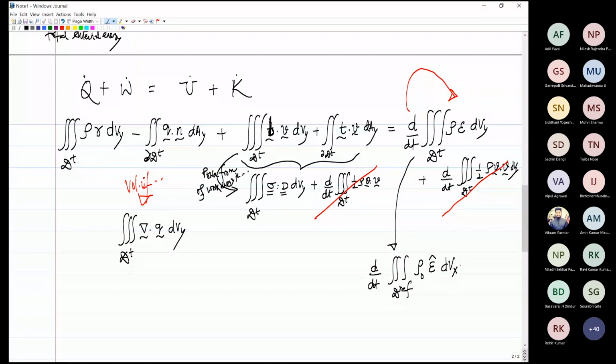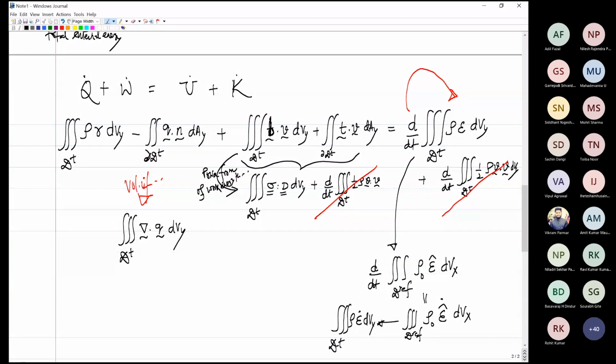Okay, now you bring d/dt inside the integral over the reference, and only epsilon hat gets a dot, and then you switch again to the Eulerian form, integral over dt of rho epsilon dot dVy.